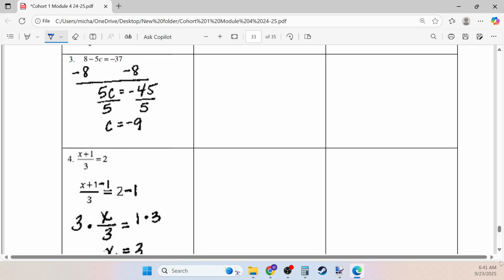So we have this. Let's see what they did. They subtracted 8 from both sides, and that looks correct. They got a negative sign. So they should have divided by negative 5 and gotten positive. Again, they got negative.